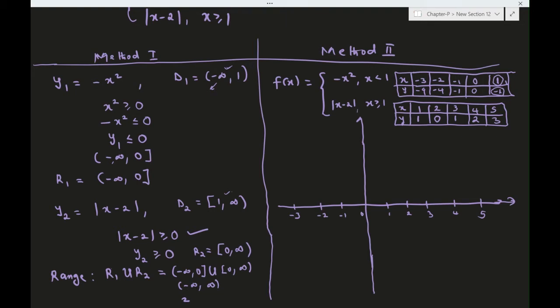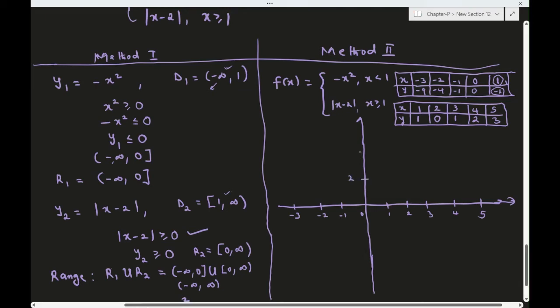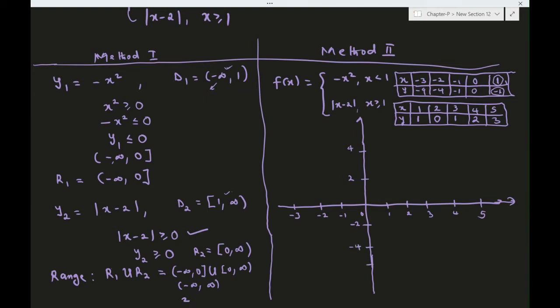So let's use a scale of, let's say, 2 on the y-axis. So this is minus 2, minus 4, minus 6, and let's say minus 8. Then let's have minus 10 as well.